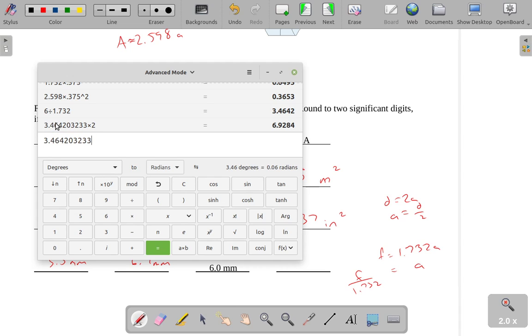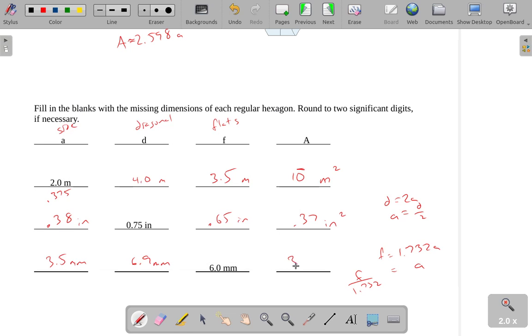Yeah, okay. So I can pull it back up on this calculator just by clicking on it. So to find the area, I should do 2.598 times 2 point, it doesn't like letting me type sometimes, times this number squared. Which gives me 31. Yeah, I'll just round that off to 2 significant digits, so 31 square millimeters.